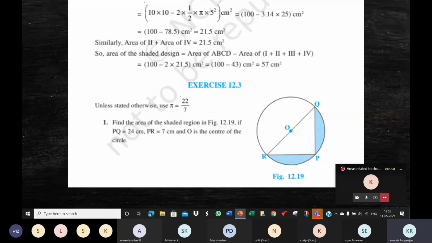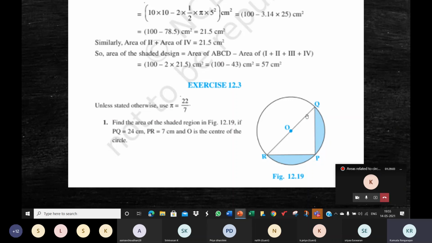So how do we go about the answer? The plane figures are circle and triangle. For the circle, we don't know the radius. So first we have to find the radius. Without finding the radius, you cannot do anything. So we have to use this theorem, angle in a semicircle is a right angle. So this triangle is a right triangle. We'll have to apply Pythagoras theorem and find QR.